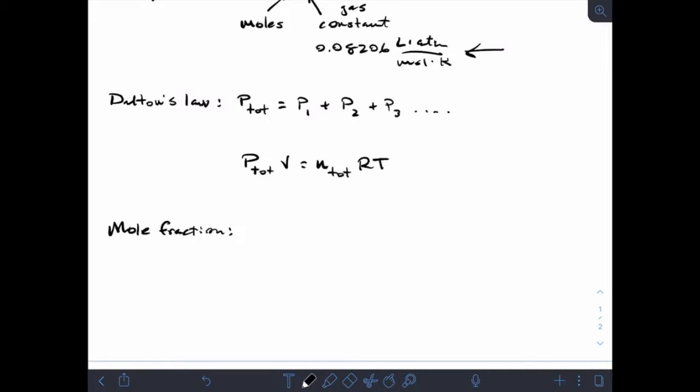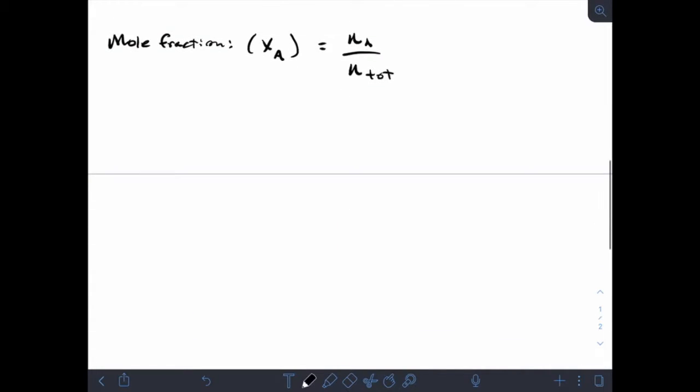For mole fraction we use the symbol X. So X of A equals moles of A over total moles.